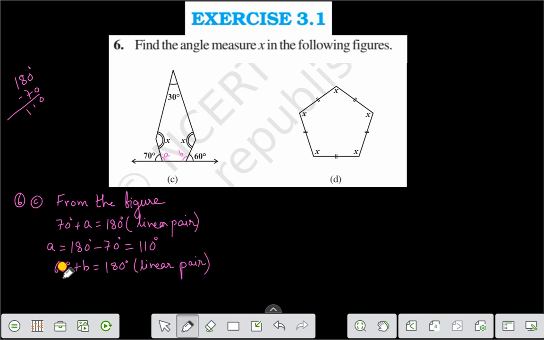Therefore we are getting B is equal to 180 minus 60 degree, that is equal to 120 degree.